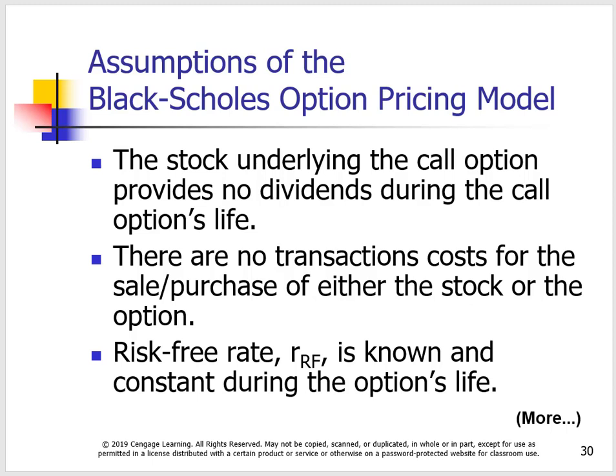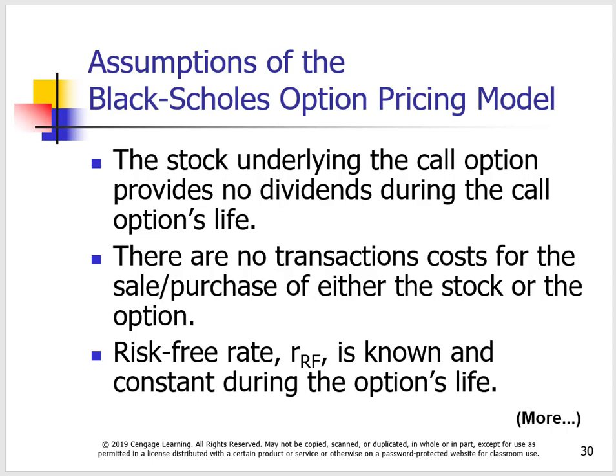One of the assumptions in the text here is that we don't have dividends during the call option's life. Now, there is a version of this formula that includes the possibility of dividends. We won't apply that here, but there are versions that permit dividends to be paid.